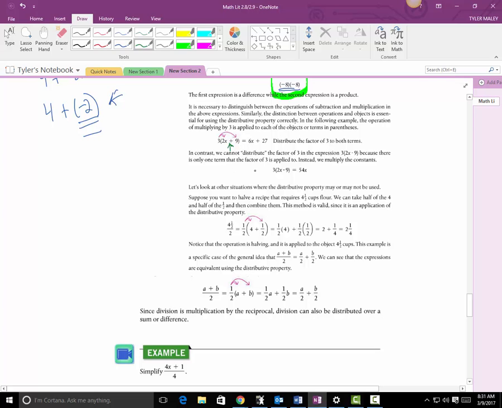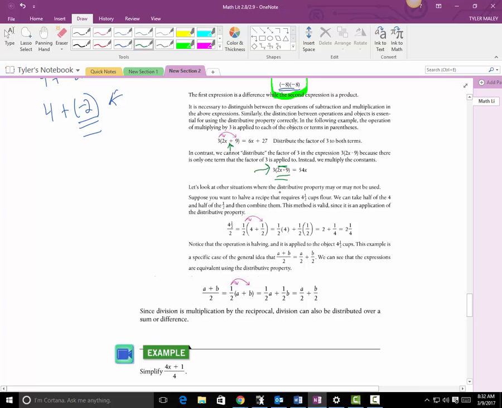Where in this problem down here, I'm taking 2x times 9 times 3. You should be able to recognize that this is not distributive property. These are just 3 things multiplied times each other, so there should be no distribution. The only time we distribute is if I have more than one term inside the parentheses, and 2x times 9 is all one term.